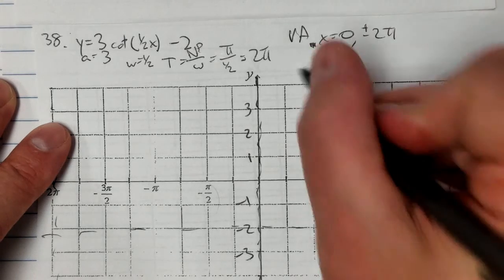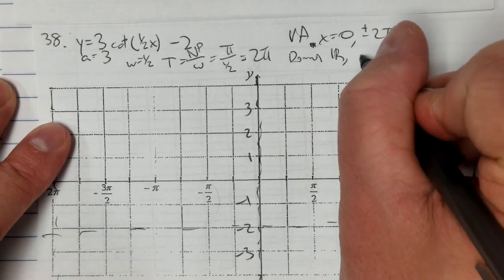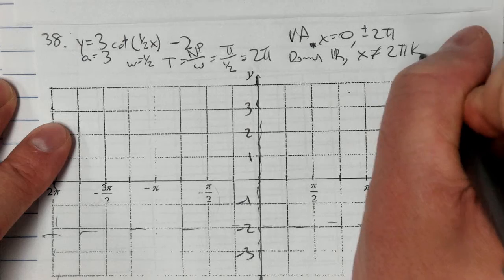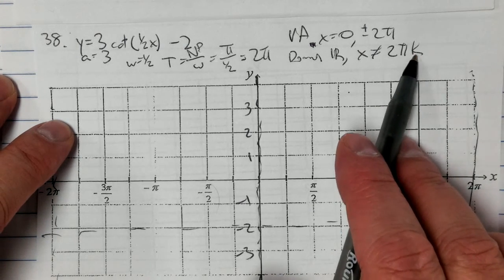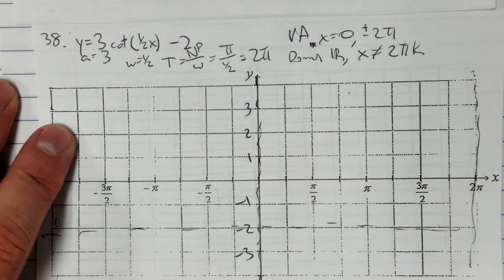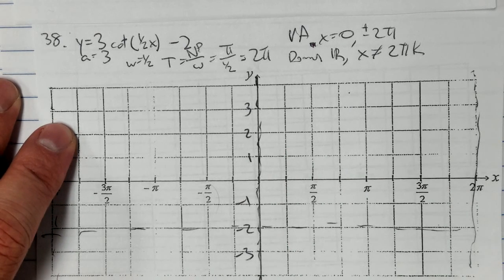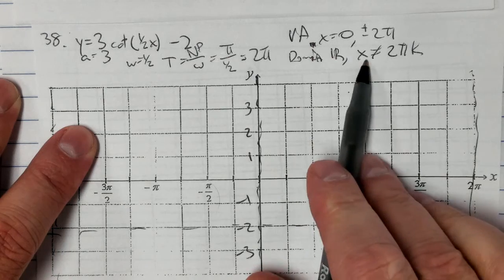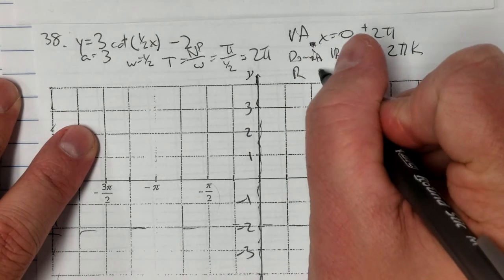So what that means is your domain is all reals except x not equal to 2 pi k, including 0, because if you put 0 in, it would work. Your domain is all reals except x not 2 pi k. And then your range would be all reals.